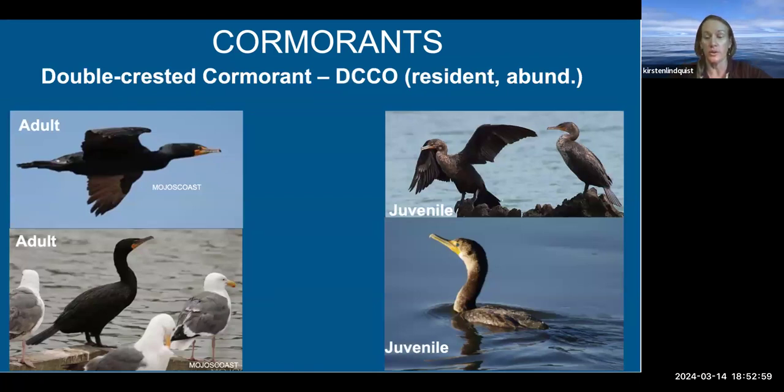So the double-crested cormorant is more often associated with lagoons, bays, estuaries. They definitely can, and there are a couple birds that breed on the Farallones, but in general, in outer coast regions, this is not going to be the dominant species. So Crissy Field Beach, Tomales beaches, near Bodega, you'll see these double-crested cormorants.